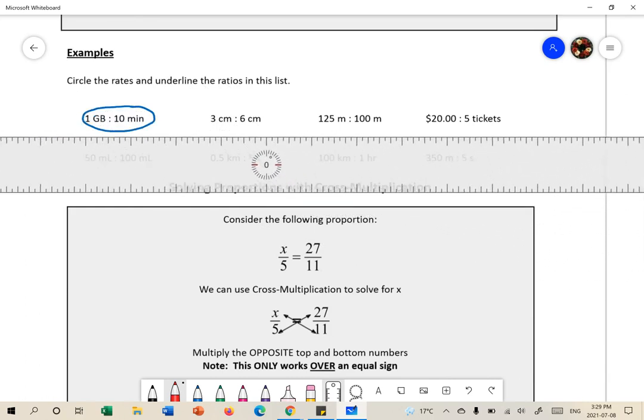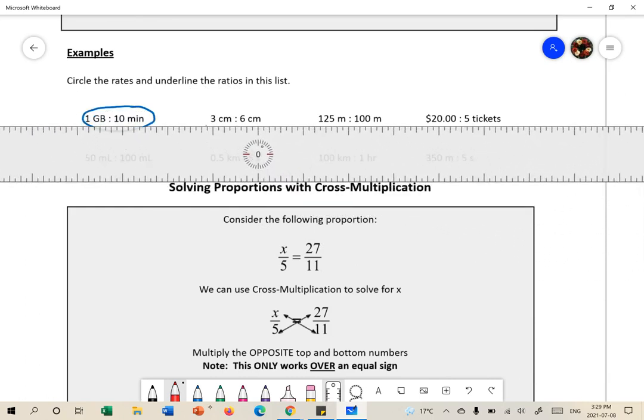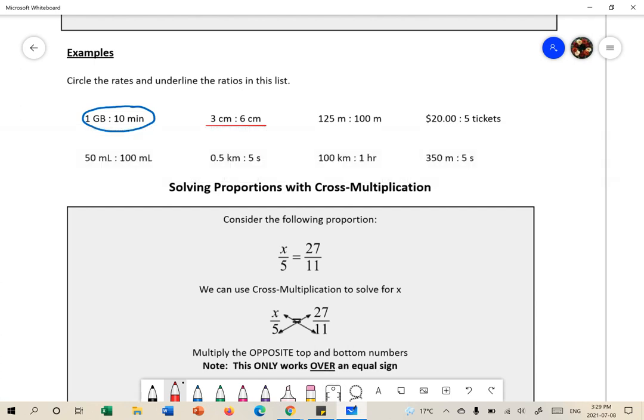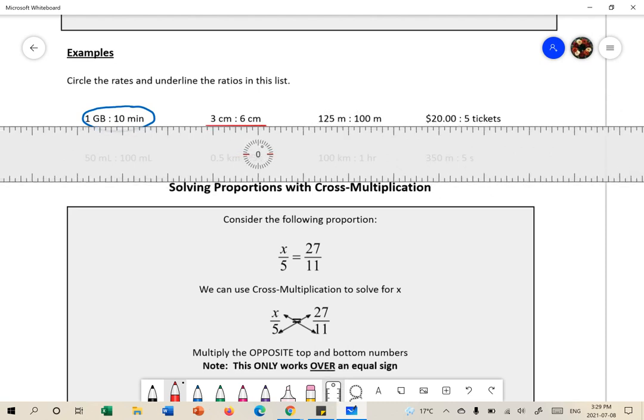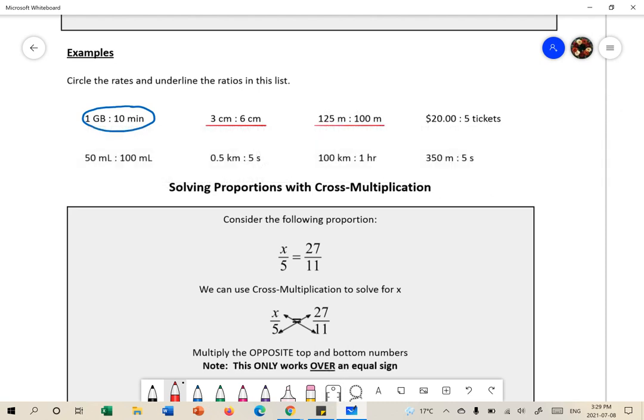So I'm going to go ahead and underline to represent a ratio. 125 meters to 100 meters. The same units, so that's a ratio. $20 to 5 tickets.